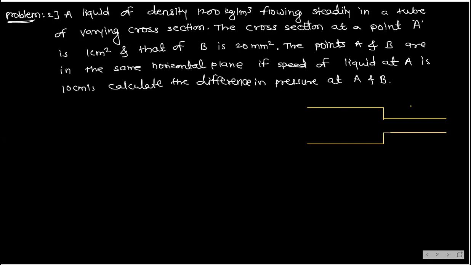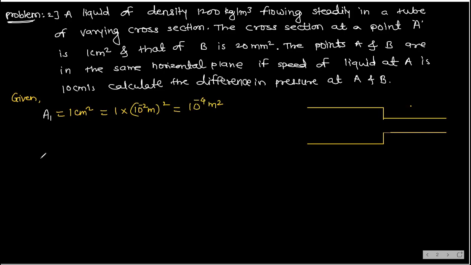Okay. So if I am taking A1, what is given, you see, A1 is equal to 1 centimeter square, which is equal to 1 into 10 to the power minus 2 meter whole square. This is how much? 10 power minus 4 meter square. Check it. Is it right?